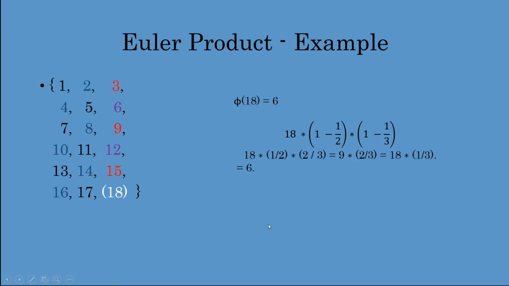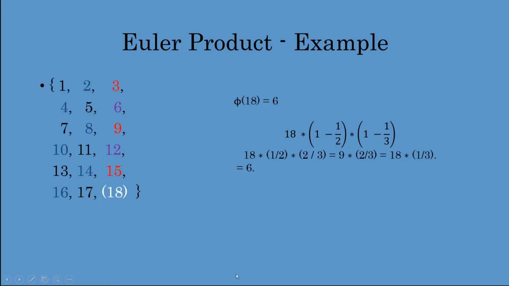And then we also have 1 minus 1/3 as another element in this product. So that means that we're also excluding a third of the natural numbers less than 18, in conjunction with our exclusion of the even numbers. So in this case, this whole column you might view as also being excluded.